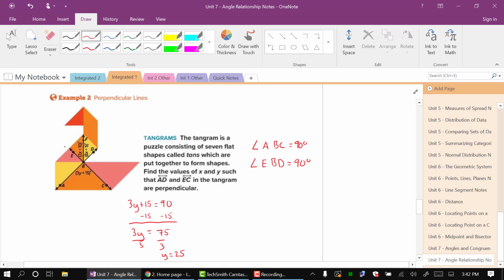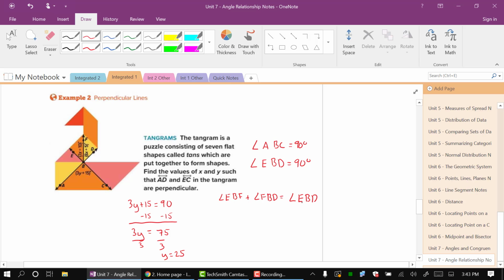Well, I notice that EBD is 90. Angle EBF plus angle FBD equals angle EBD.